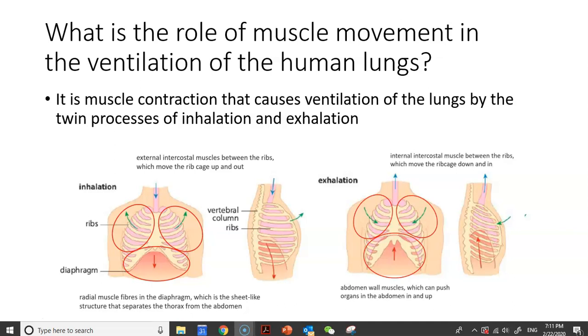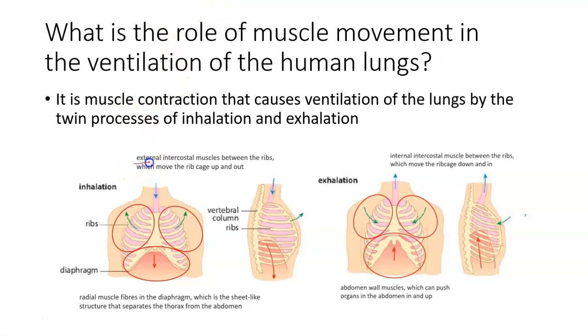The muscles which are responsible for doing inhalation and exhalation are called intercostal muscles. External intercostal muscles and internal intercostal muscles. So one of them is responsible for inhalation, and the other one is responsible for exhalation.